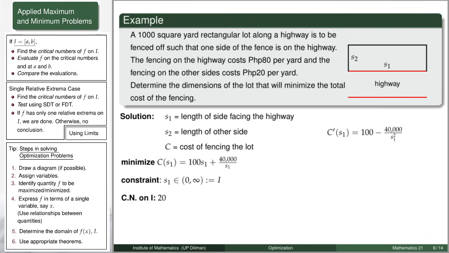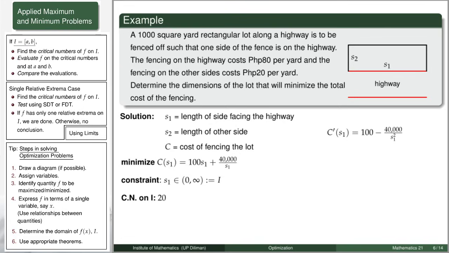This already gives us a good feeling because since you only have a single critical number, there is a high chance that this is the number we are looking for. But we still need to verify that truly C has a relative minimum at 20 so that it becomes an absolute minimum, as indicated in our problem.